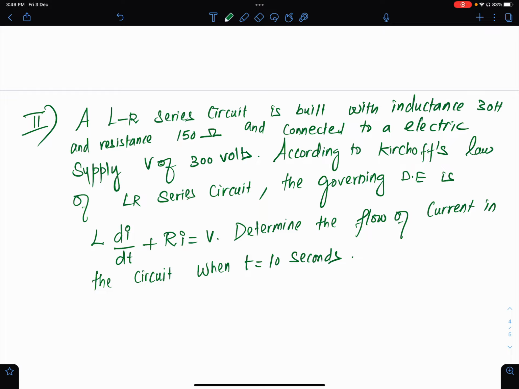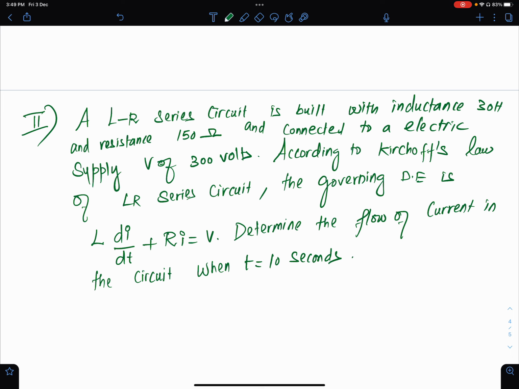Here we are just building an electric circuit with 300 volts, and inductance and resistance are connected in series. Don't worry much about the electronics concept. Our purpose is to solve the differential equation.